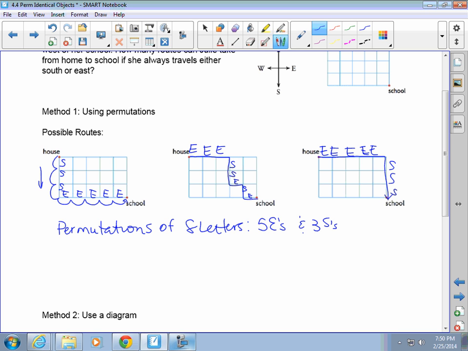So the number of routes she has is going to be 8 factorial, because that's her total number of possible permutations, over those repeats, 5 factorial over 3 factorial, which equals 56. So she's got 56 different ways that she could go to get there.